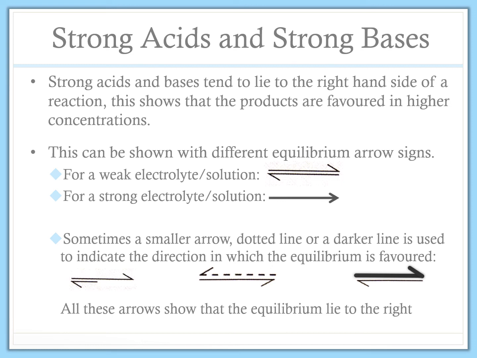All right, you may encounter these arrows right here. Almost every single equilibrium solution we're going to see has this double-sided arrow that we're familiar with. That indicates weak acids or bases because it's moving in both directions. If we're dealing with something that is strong, something that fully dissociates, that is not at equilibrium, it goes to completion. So it's just got a single arrow.